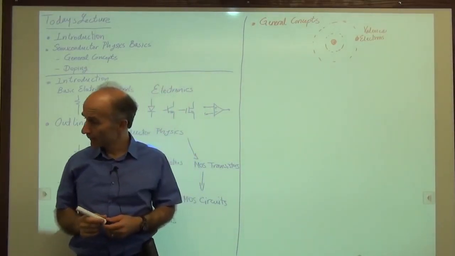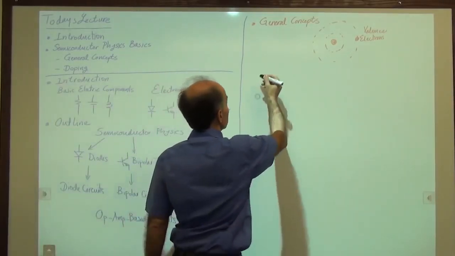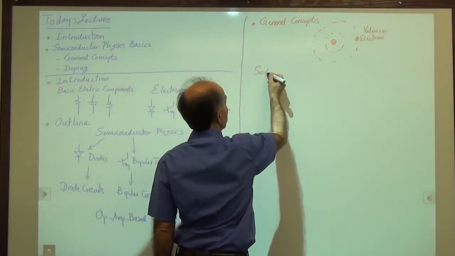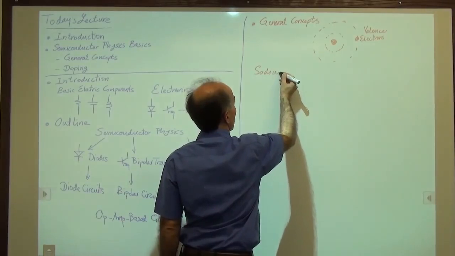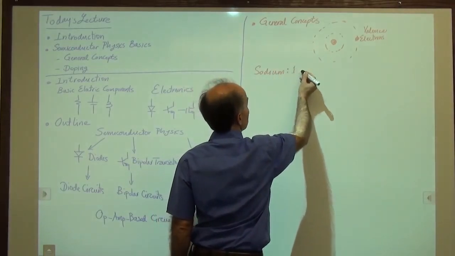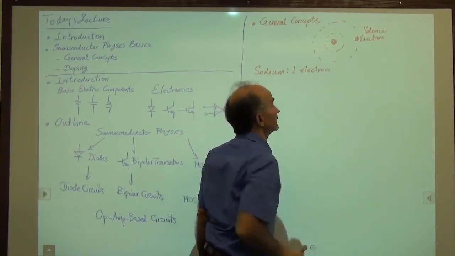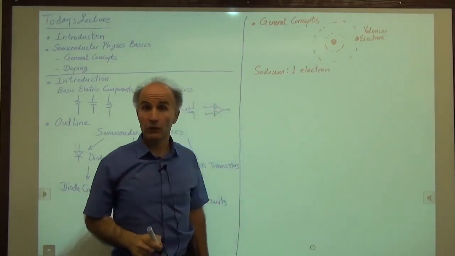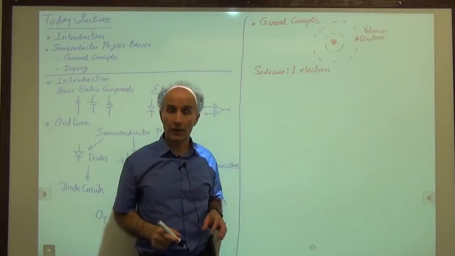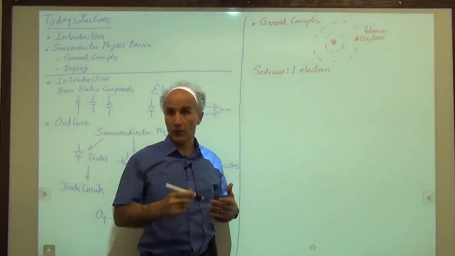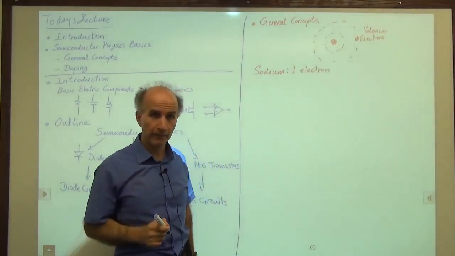So, as an example, we have sodium. Sodium has only one electron in the outermost shell, and as a result is very reactive. It wants to get rid of that electron as soon as possible. So sodium reacts with everything else very quickly.